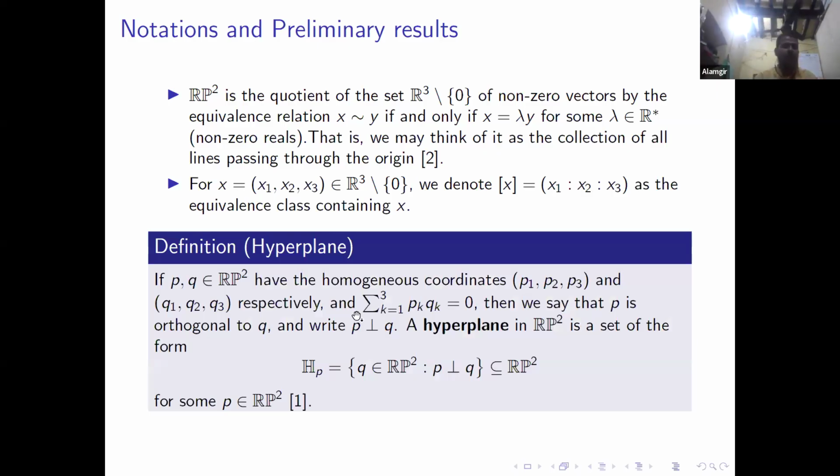We have already seen that the hyperplane in that space is H, all those points Q where Q is perpendicular to P. Here P is the normal of that hyperplane.